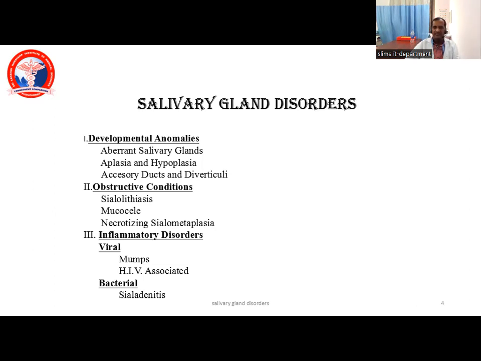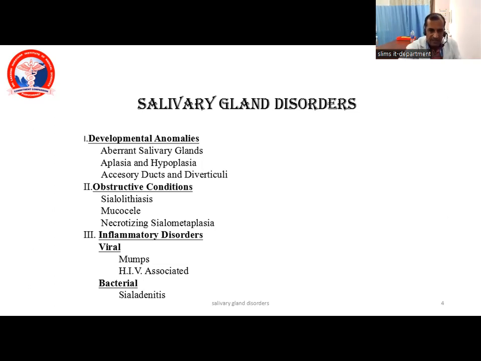Okay. First and foremost is any developmental anomaly, or if there is any obstruction to the salivary flow, and if there is any infection or any inflammation of your salivary gland. It can be a viral infection, mumps, or it can be due to HIV associated viral infection.